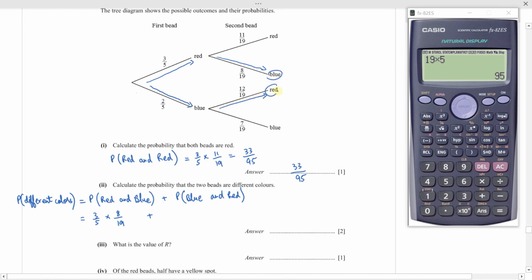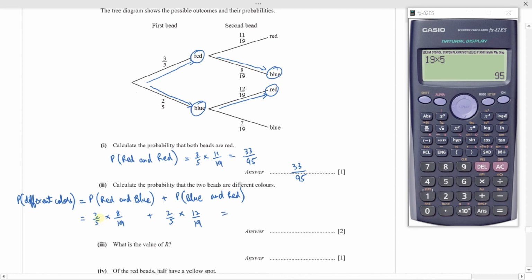So you end up here. So the first try you got this and this. In the second try you got this and this. So blue and red is 2 by 5 multiplied by 12 over 19. So your first path was this one to get two different colors, and your second path was this one to get two different colors in the two picks that you make.